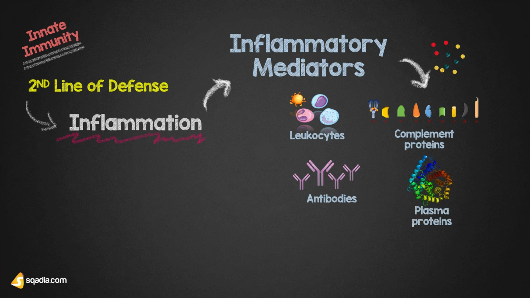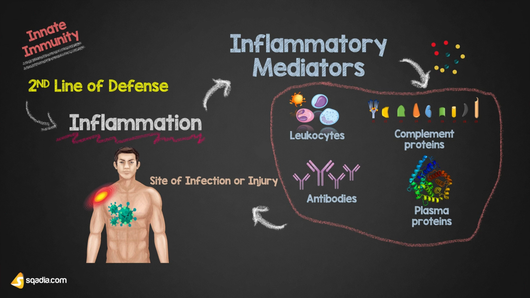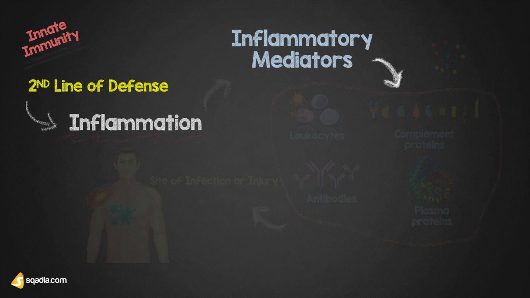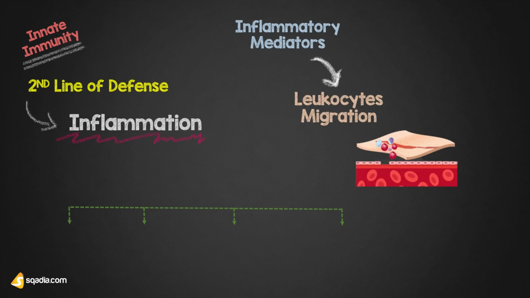When pathogens breach the external protective barriers, the initial reaction to those pathogens is usually an acute inflammatory response, involving an influx of leukocytes, complement, and other plasma proteins into a site of infection or injury. And these influxes are triggered by inflammatory mediators. Here, a complex variety of mediators are involved in acute inflammatory responses.